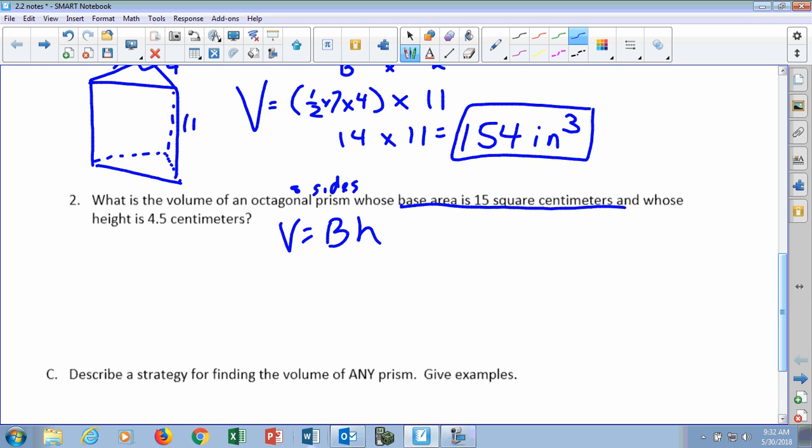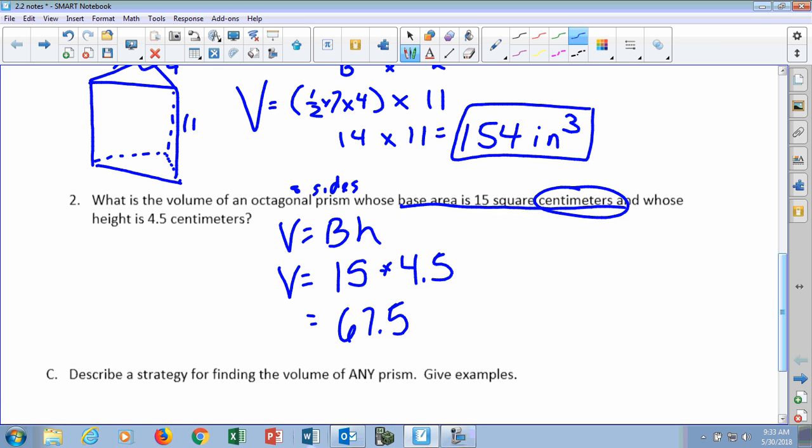What was your answer? Okay, that's right. So you did 15 for the base times 4.5. And when you multiply those together, you get, and what's our unit of measurement? Not inches. Yeah. So cubic centimeters.